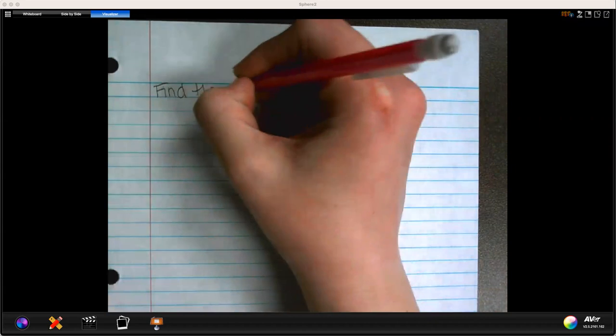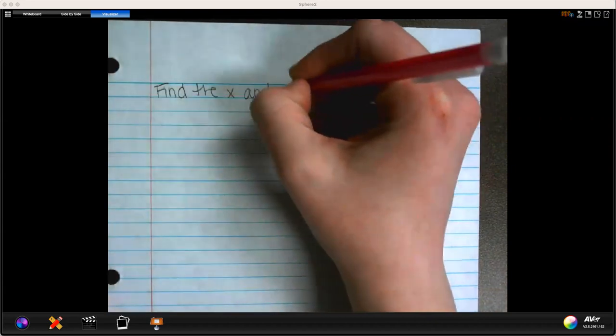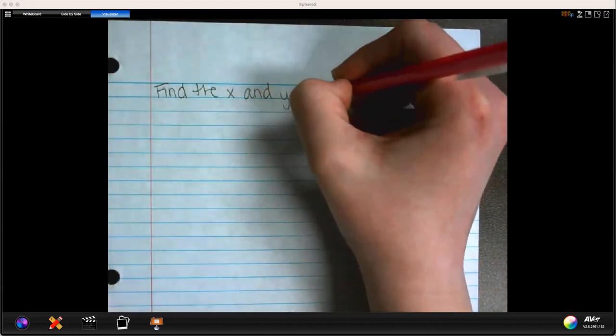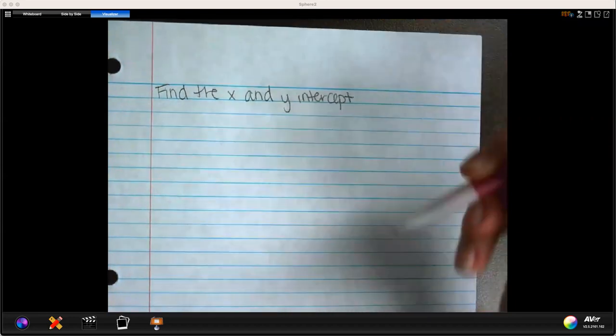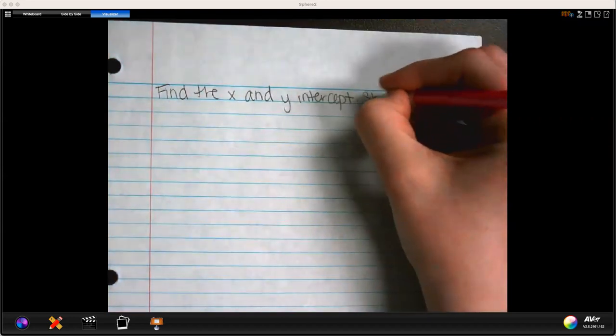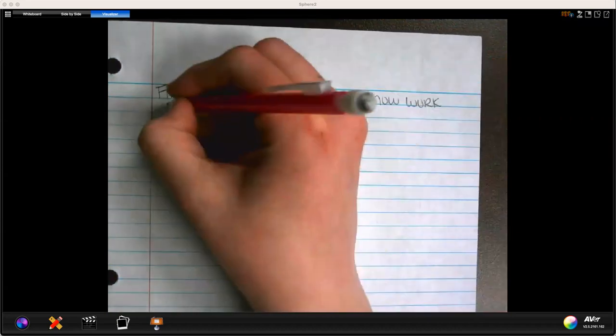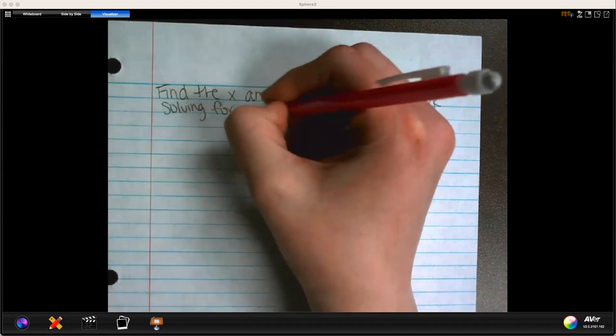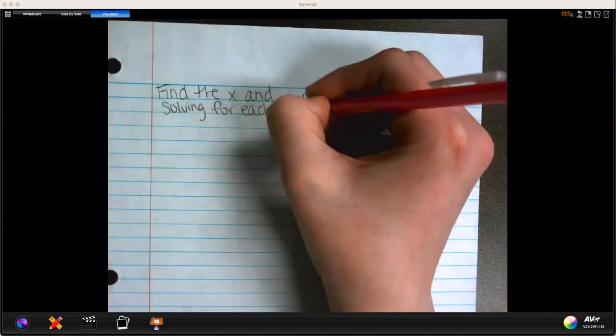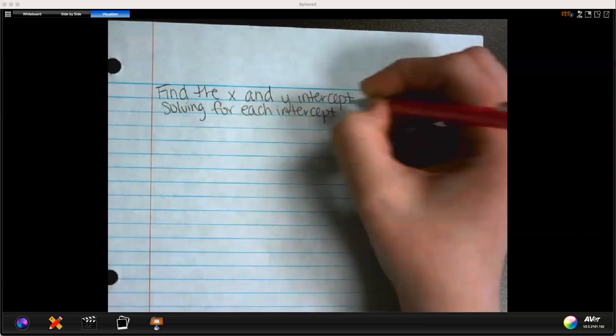All right, the last problem we're going to do is working with finding our x and y intercepts. So the instructions are to find the x and y intercept, and you need to show work solving for each intercept separately.